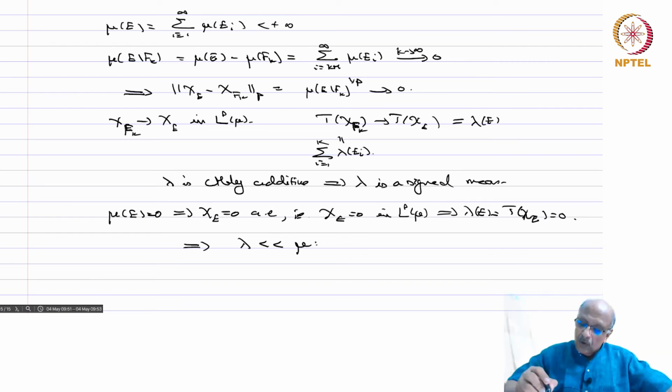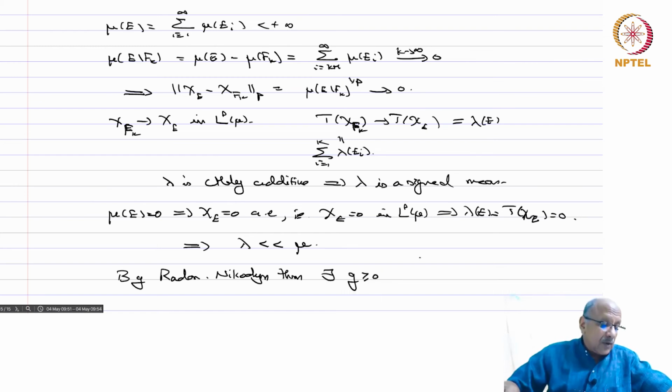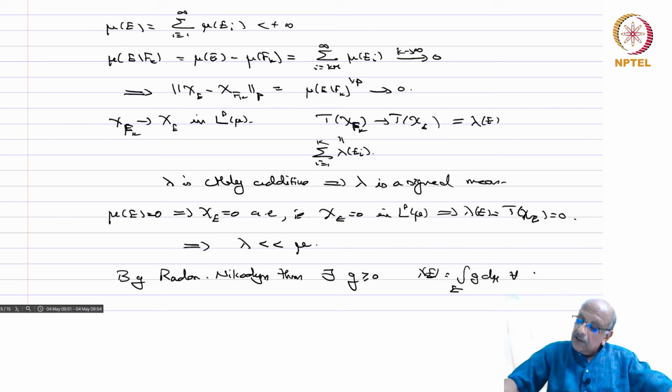So by the Radon-Nikodym theorem, there exists a g greater than or equal to 0, such that lambda E equals the integral of g d mu over E for all E in S.